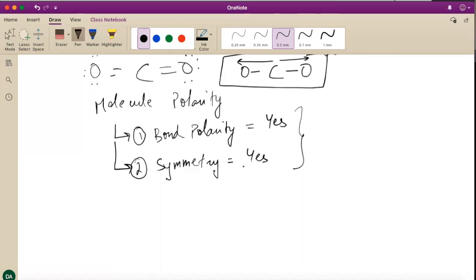Remember, guys, symmetry is the enemy of polarity. It goes against polarity. So if the bond is polar and there is symmetry, symmetry will cancel that polarity. That will make the molecule not polar.